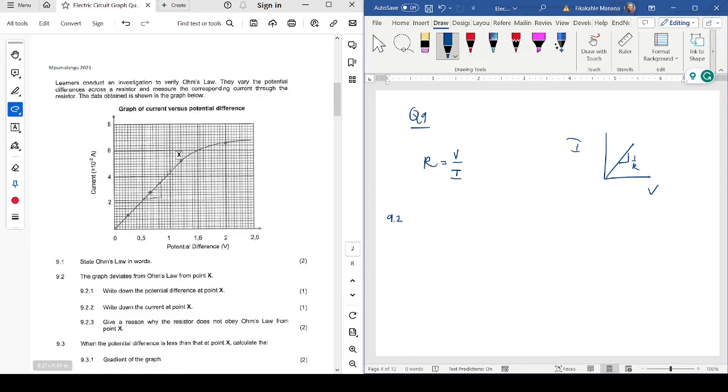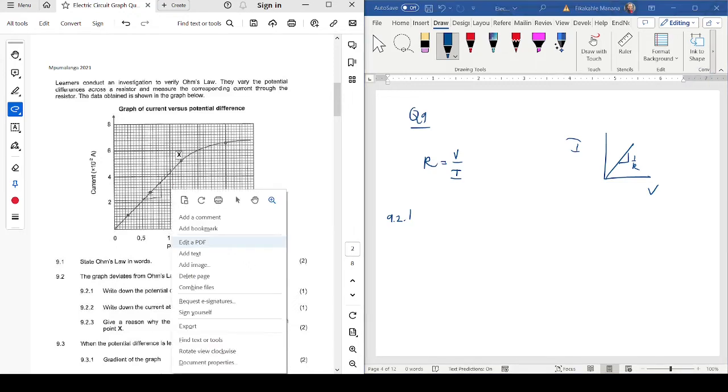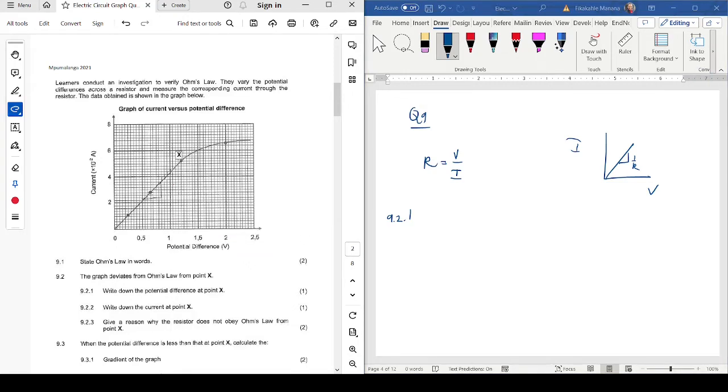All right, and now it says 9.2.1, write down the potential difference at point X. So this is something you would have to read off from the graph. And if I look close, this is like what? 1.1, 1.2, 1.3, 1.4, 1.5.